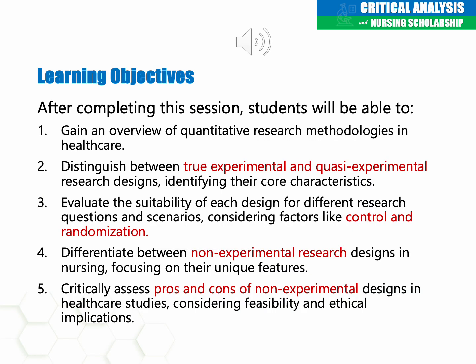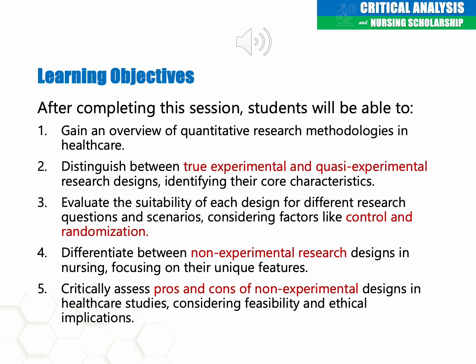For today's session, these are our learning objectives. After completing this session, students will be able to, first, gain an overview of quantitative research methodologies in nursing. The second is to distinguish between true experimental and quasi-experimental research design and identify their core characteristics.